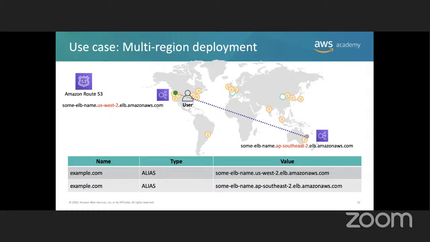So what are the benefits of this multi-region deployment of Route 53? Well, low latency based routing to the region, and also load balancing routing to the availability zone. Those are the main benefits.